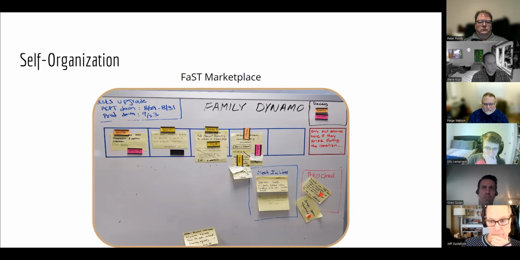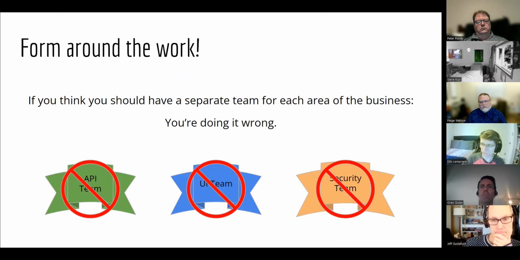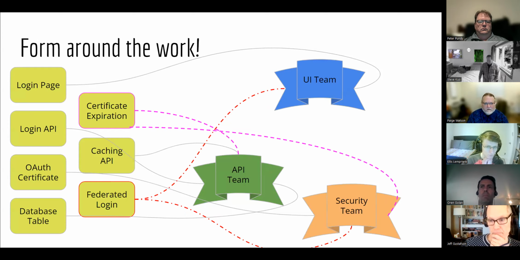One of the really important things that I found on high-performing teams I worked on is this ability to dynamically reteam. Dynamically reteaming means that instead of having separate teams for each area of the work or the business, and you have a long list of stories, and then you try and figure out who's going to get the certification expiration story? Is that the API team or the security team? What about the federated login?